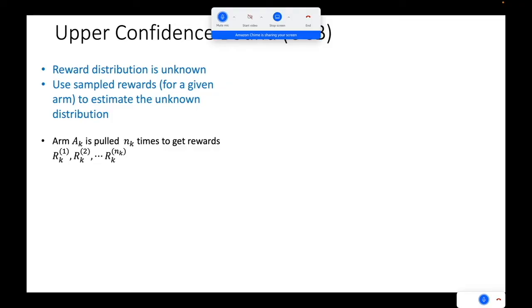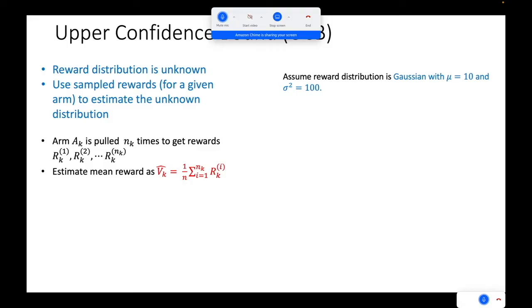Those rewards are sampled from the corresponding reward distribution, so they may not be the same value. Depending on the variance of the distribution, these rewards can be quite different. We can estimate the mean reward of that arm by a sample average. The question is, how good is this estimated mean reward compared to the true reward?